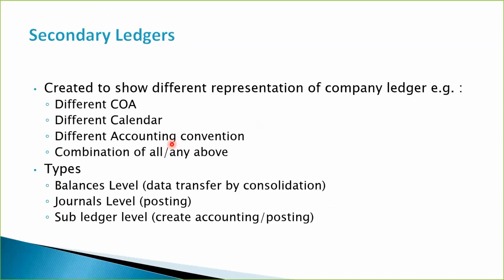We can create secondary ledgers at balances level, at journals level, and at subledger level. At balances level, the secondary ledger is created, or rather data is moved to the secondary ledger through consolidation.